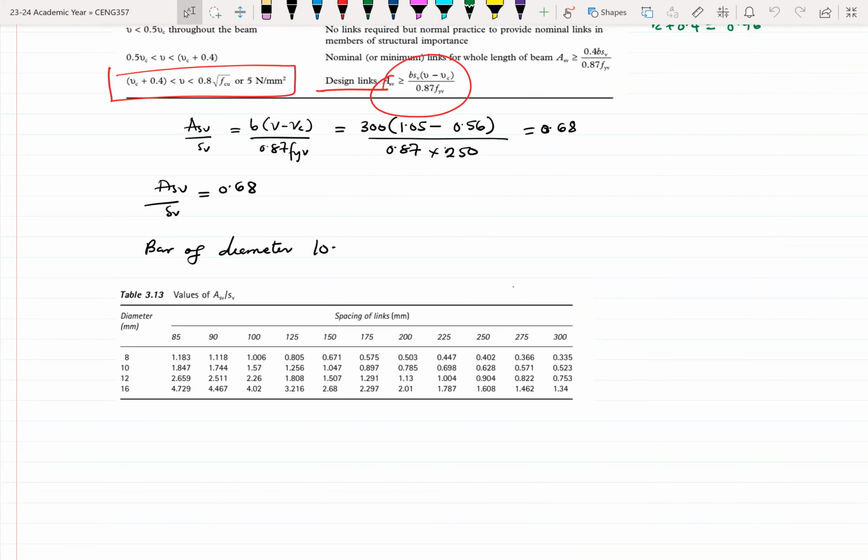We had an ASV over SV of 0.68, where ASV is the area of the shear reinforcement, and these are two legs. And then the SV is the spacing between the reinforcement.